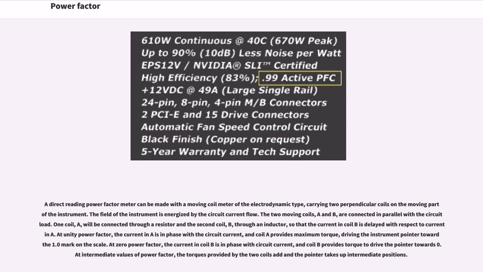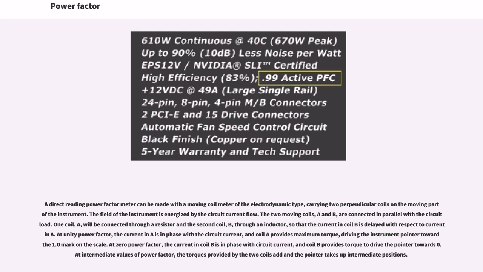A direct reading power factor meter can be made with a moving coil meter of the electrodynamic type, carrying two perpendicular coils on the moving part of the instrument. The field of the instrument is energized by the circuit current flow. The two moving coils, A and B, are connected in parallel with the circuit load.